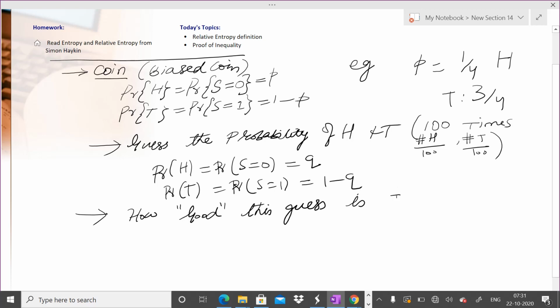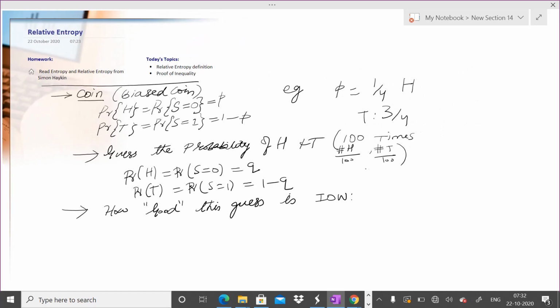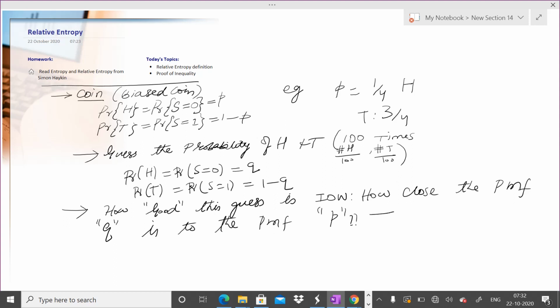In other words, you may like to frame it like that: how close the probability mass function q is to the probability mass function p. So in some sense, you need a notion of distance between two probability distributions, here probability mass functions.